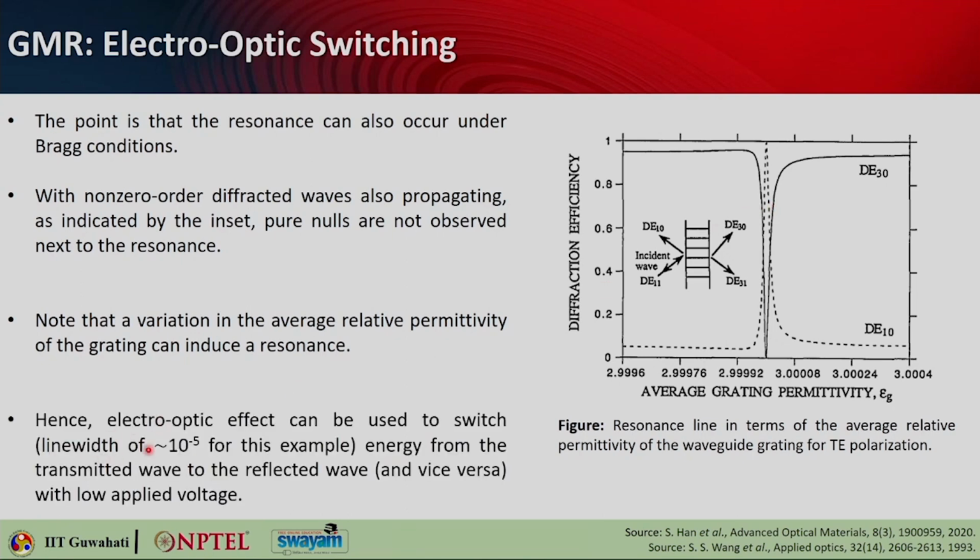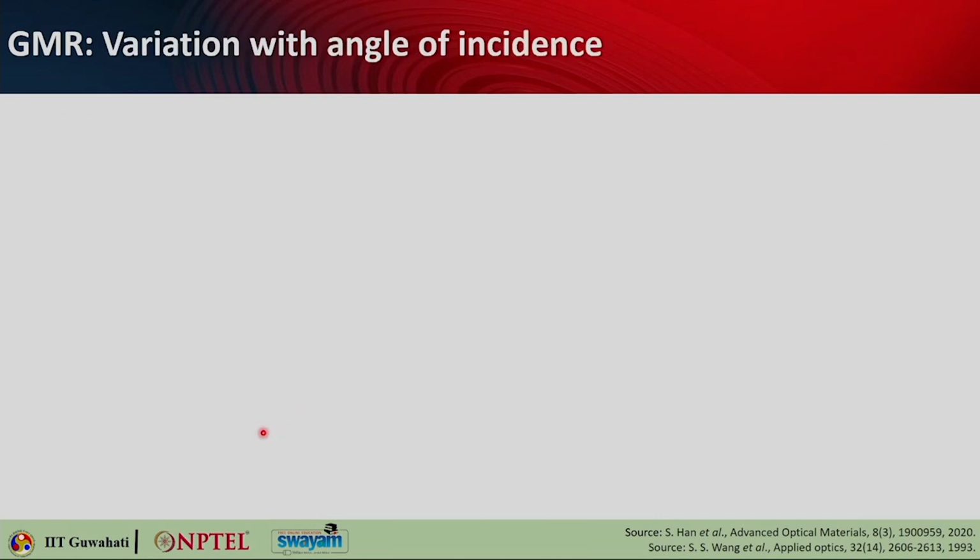In that case an electro-optic effect can be used to switch energy from the transmitted to the reflected, because you can change slightly the effective relative permittivity of this grating, and that can introduce the resonance or move it out. So, you can actually use an electro-optic effect for getting this resonance or not.